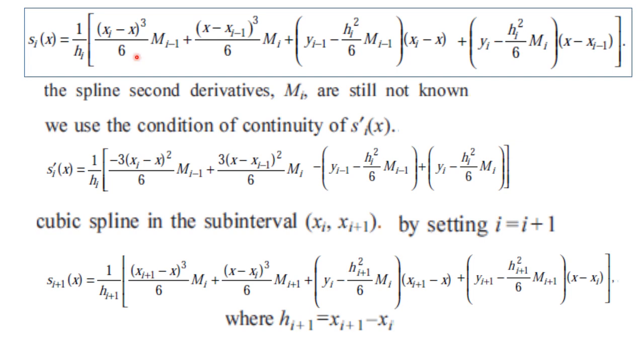To find the mi values, we use the continuity condition of si prime of x. So we find si prime of x from this equation, from si of x, like this. This becomes the first derivative of this term and the first derivative of this one, and it is obtained like this.